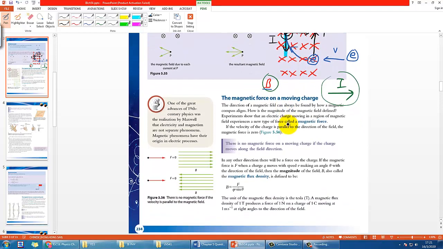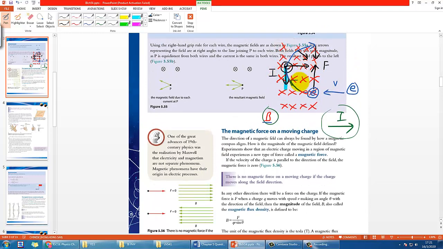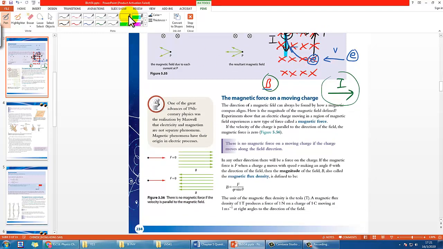So here's the idea. In terms of the force experienced by this charge, now we will tell you there's an equation to calculate the magnitude, because in year 10 we just told you the direction. So here is the equation, where B is the magnetic field, referring to the magnetic flux density.